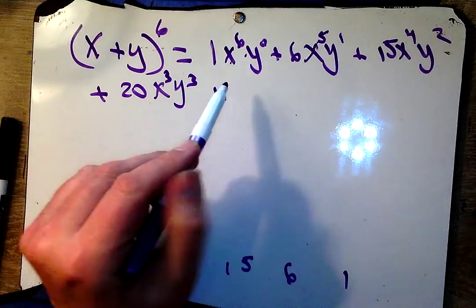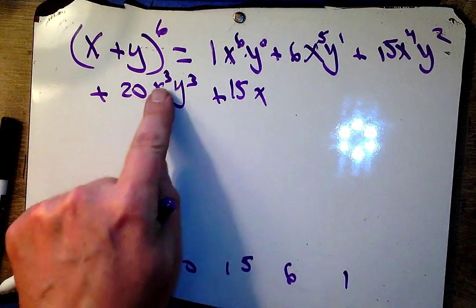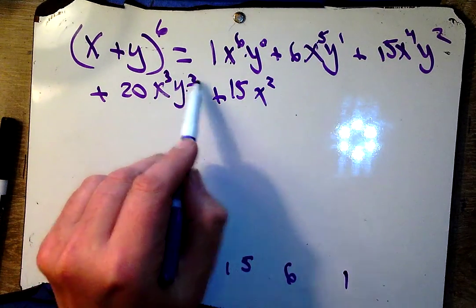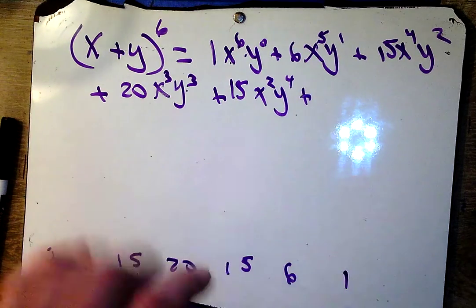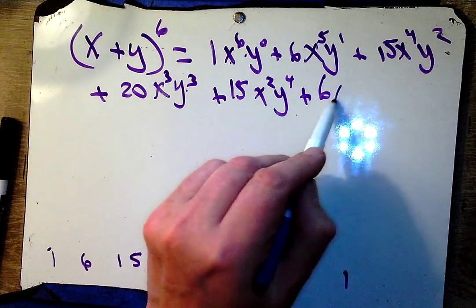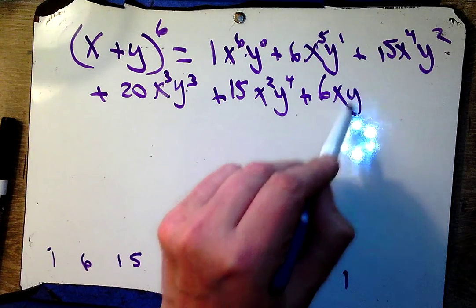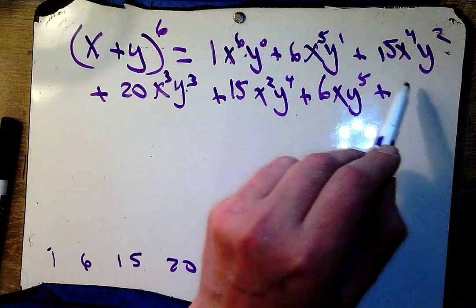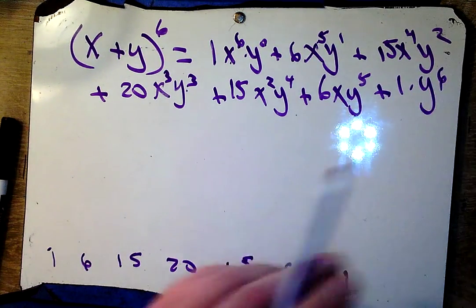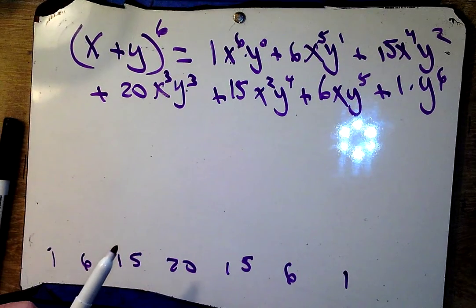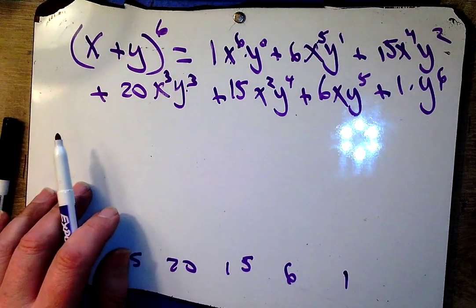plus 15. Reduce by 1, increase by 1, plus 6. Reduce by 1, increase by 1, and then finally y to the 6th. And there's my expansion. Well, that's pretty fast.